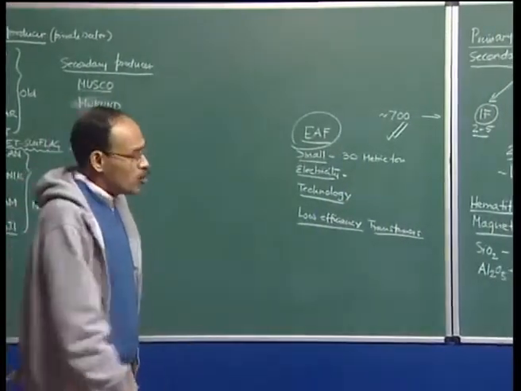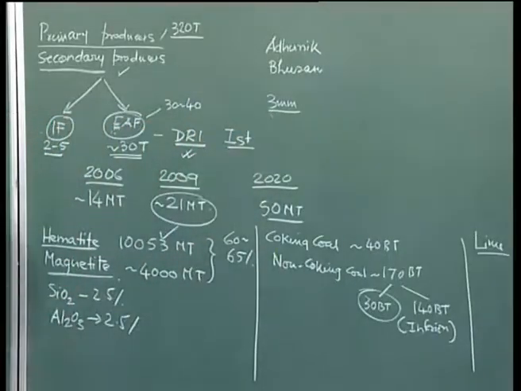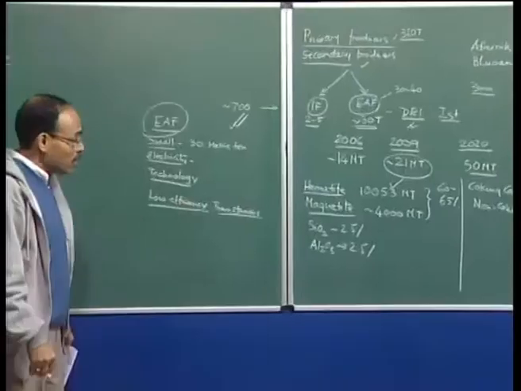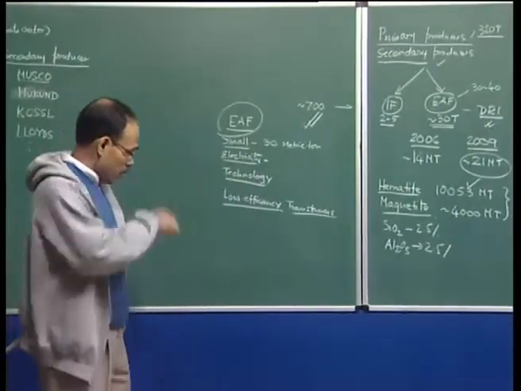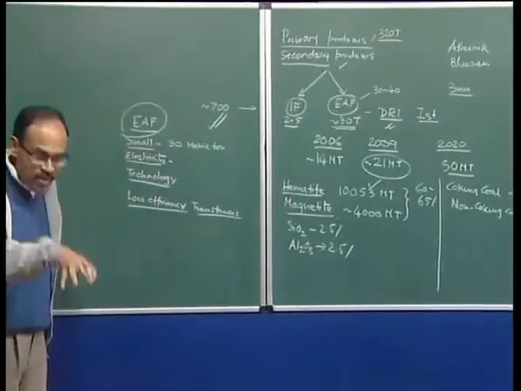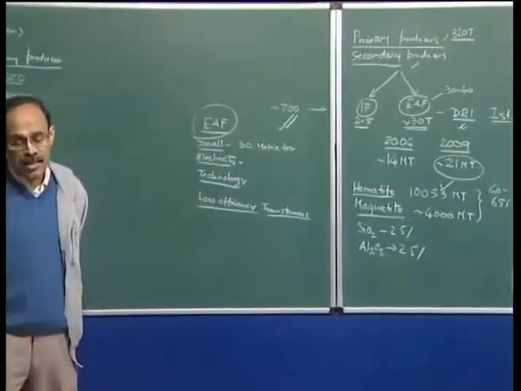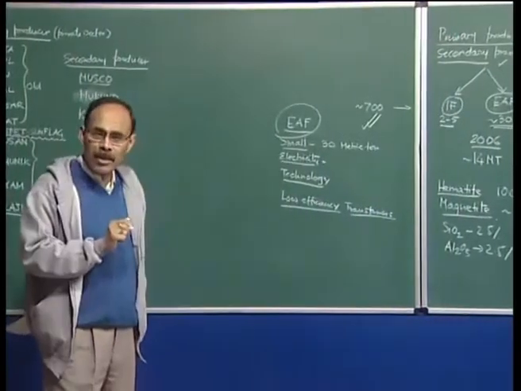So if you add the DRI in a continuous mode into the EAF as you arc, a lot of the DRI is going to be driven out. The induction furnace, on the other hand, can accommodate these fine DRIs very effectively, and people have found that these fines are relatively cheap in the market.